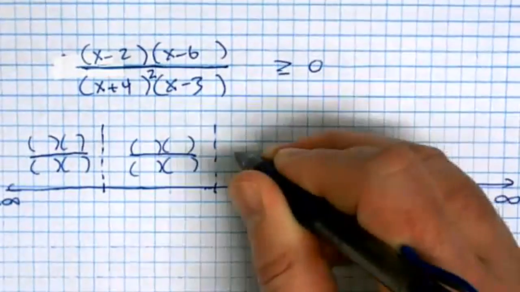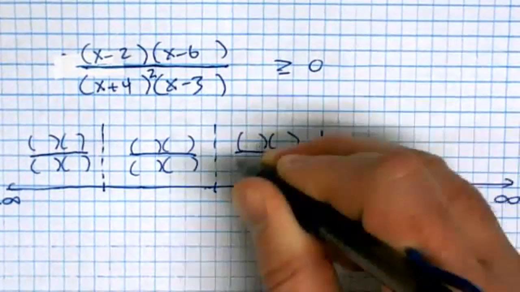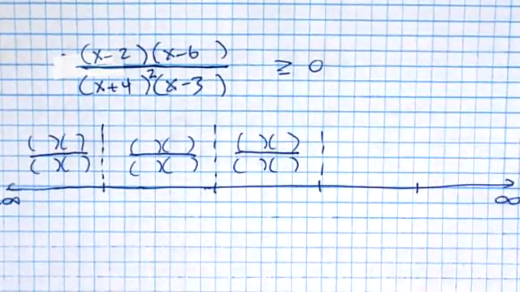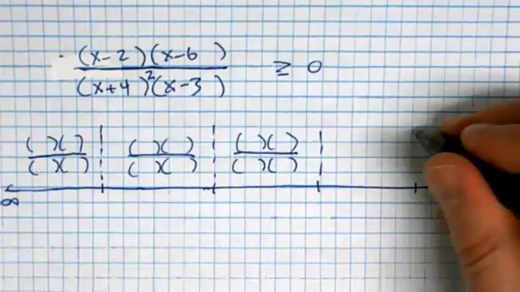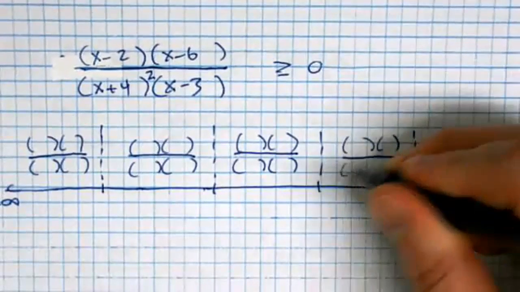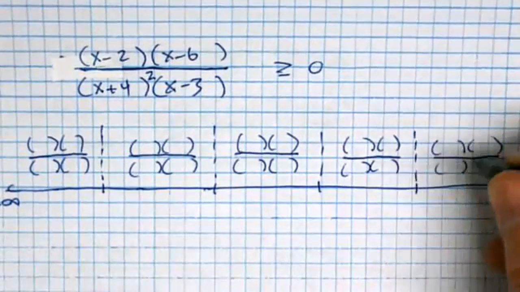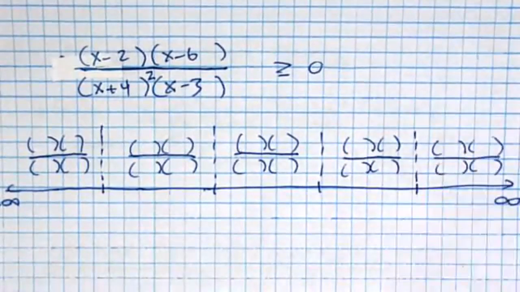I'm getting a little ahead of myself. Well, we're going to do this in each of our regions, and then I'll go back and label my walls, my boundary points. Let's see, what's the smallest one?